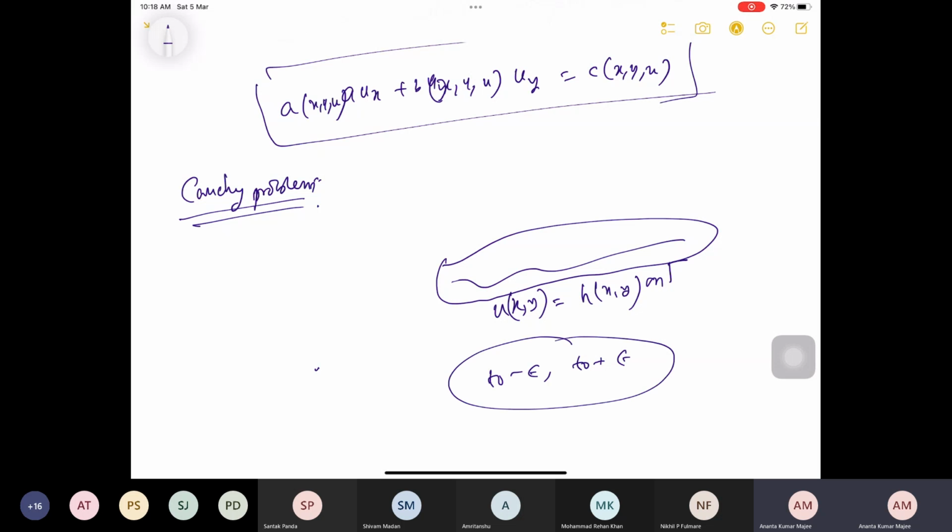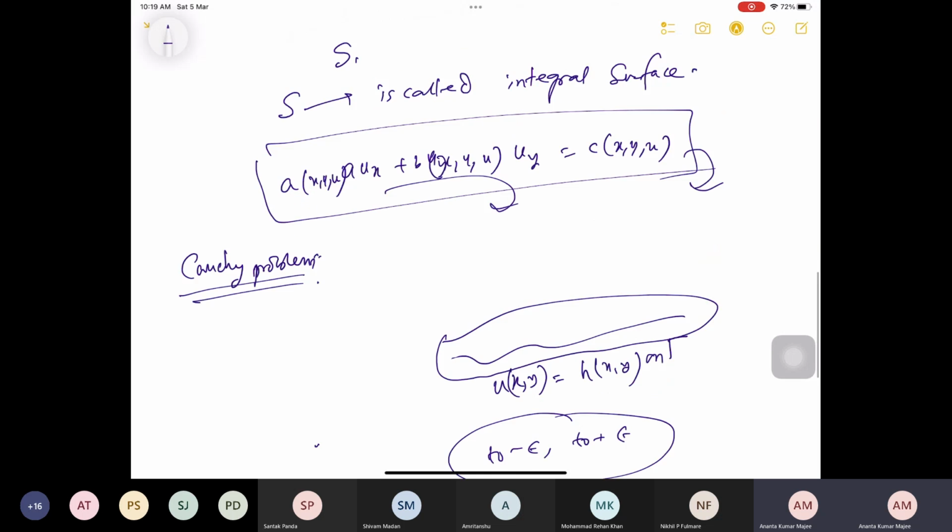So now gamma, which is the initial curve, is given to you, and I want to know whether a solution to this problem exists or not. That means we want to find a u that satisfies this equation, knowing that u of x, y is equal to h of x, y on gamma.